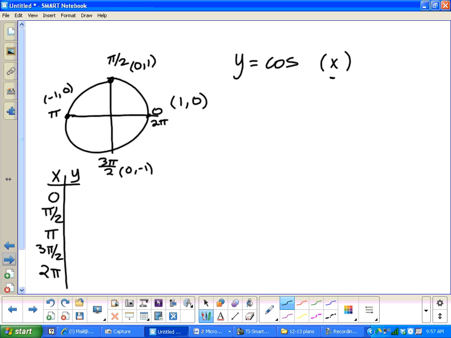Okay, so let's take the 0. All right, so we put in 0. What's the cosine of 0? 1. Okay. All right, let's go to pi over 2. What's the cosine of pi over 2?